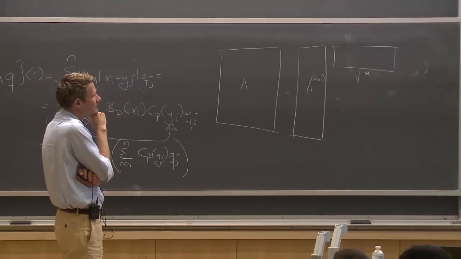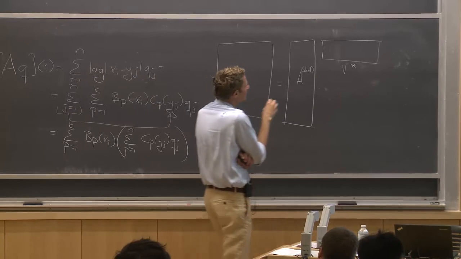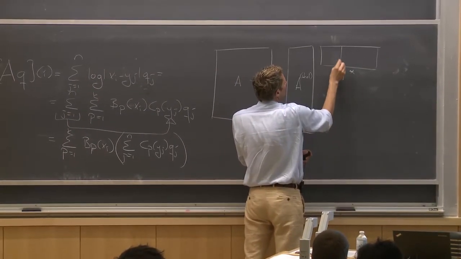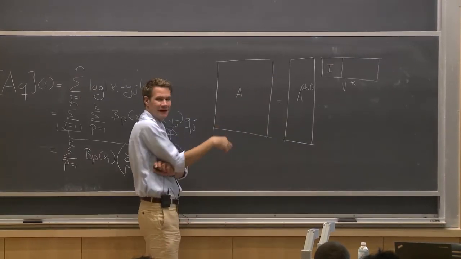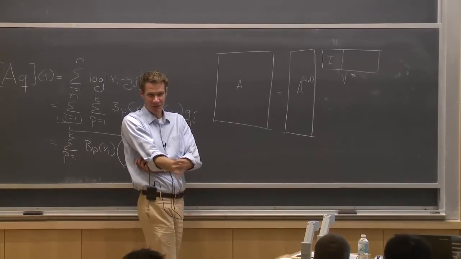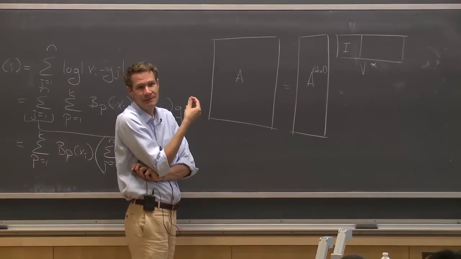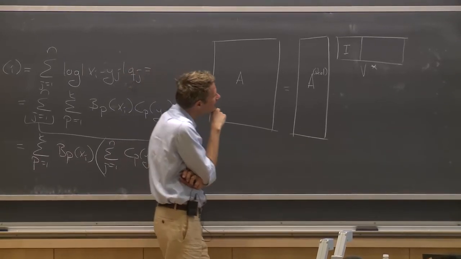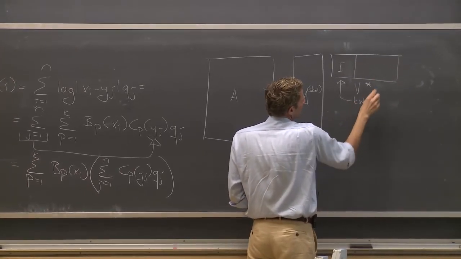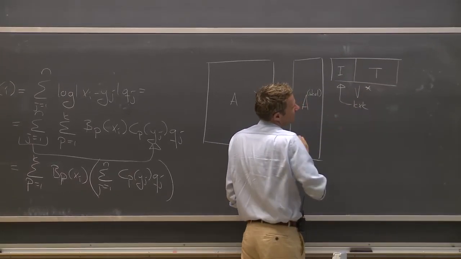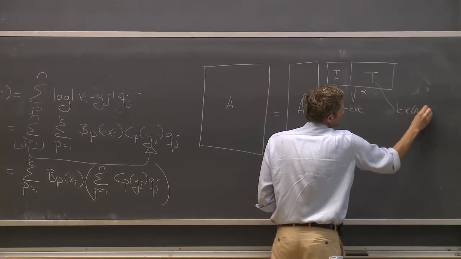And I will observe that V star must contain an identity matrix. Suppose for simplicity that I can pick the first k columns of A. This is non-typical, just a temporary little crutch. But say that the first k columns of A span the column space. Then I have a k by k identity matrix up here. And then here I have a matrix which I'm going to call T. So T here is of size k times n minus k.